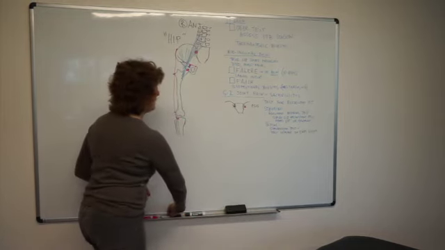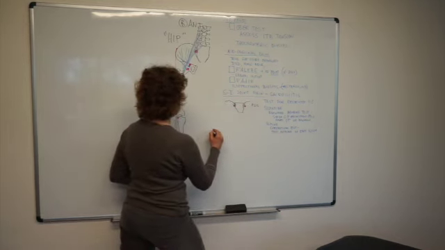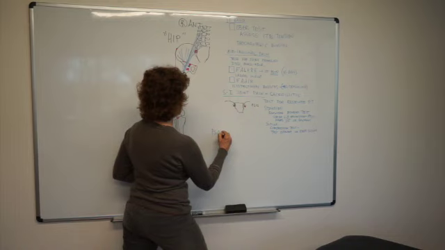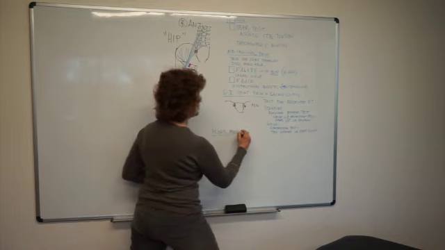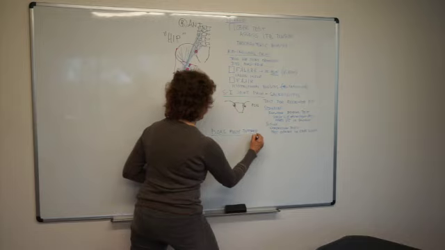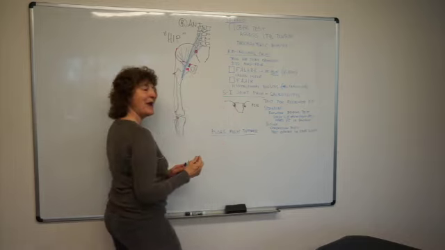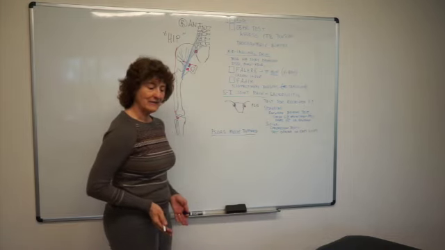One is called the Thomas test. Let's put this muscle in our list here. So it is muscle tightness or spasm. And the Thomas test is a comparison of hip flexor contracture.